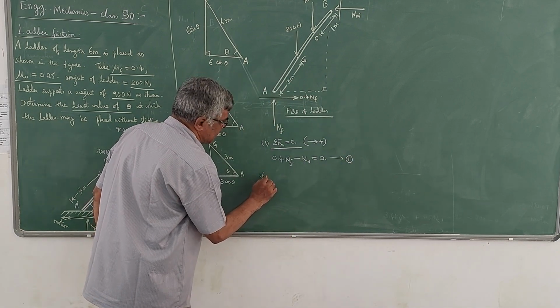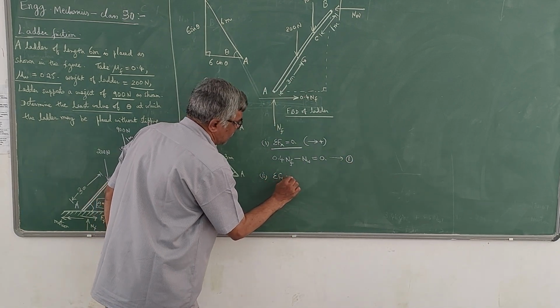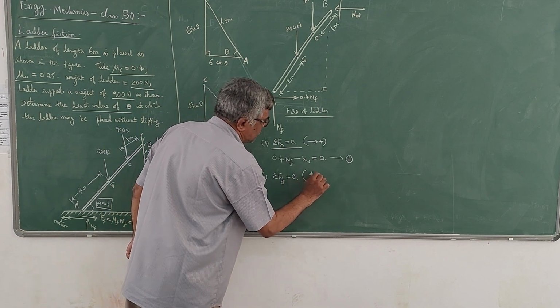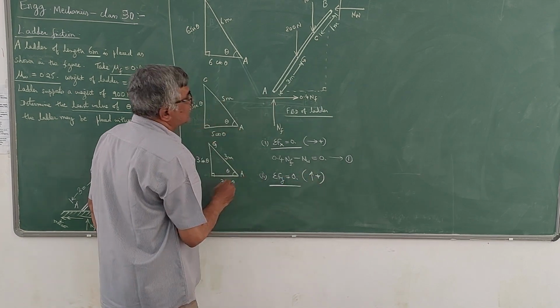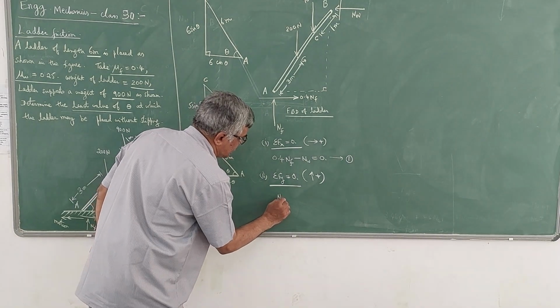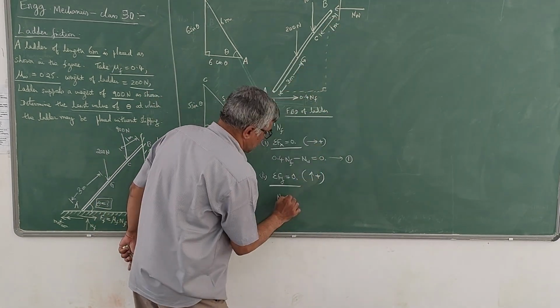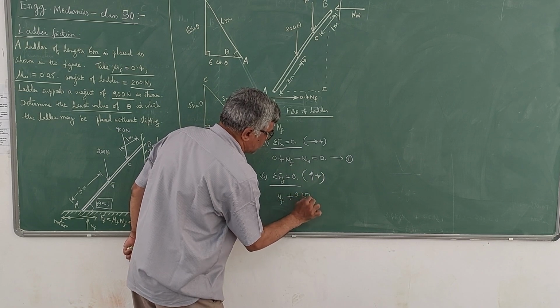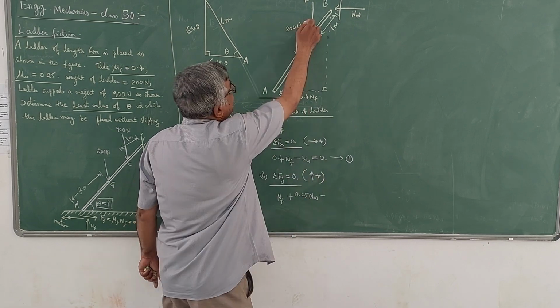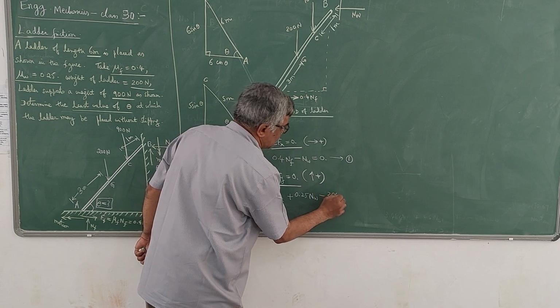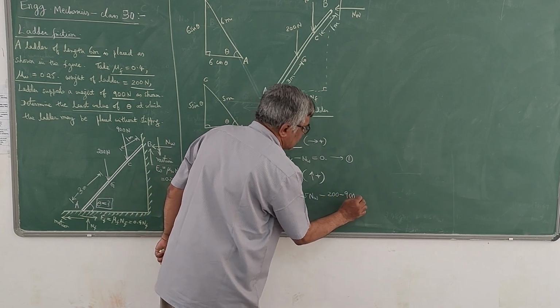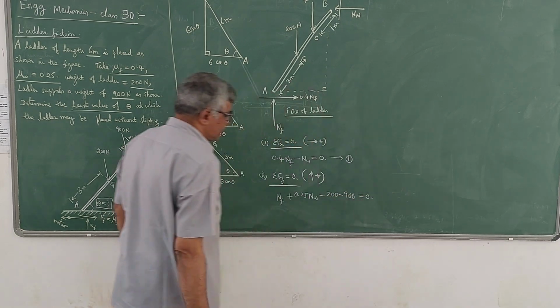Second equilibrium equation, sigma Fy is equal to 0. Upward forces positive, downward forces negative. So here upward, NF is positive. Then 0.25 NW is also positive, so plus 0.25 NW. But these two are negative because they are acting downwards: minus 200 minus 900 is equal to 0.